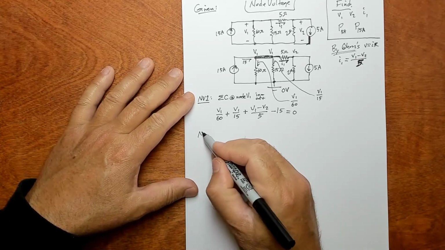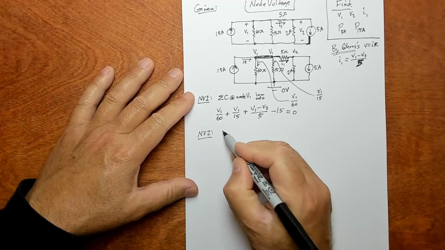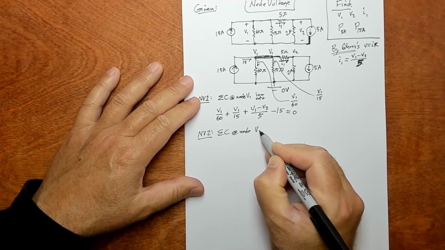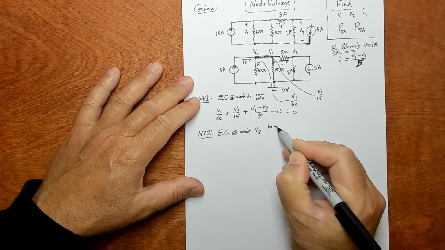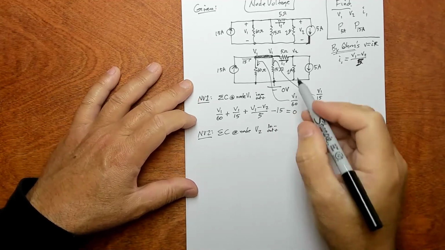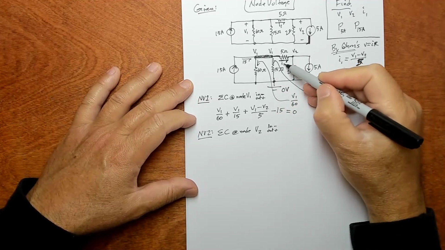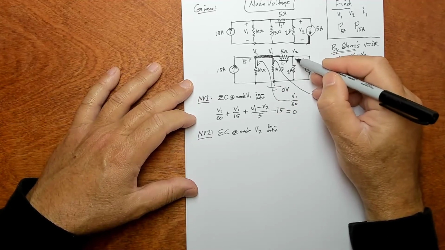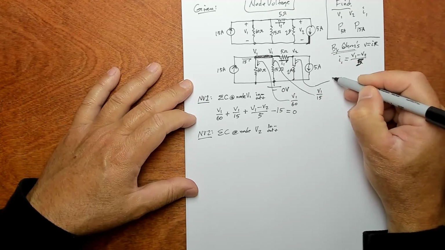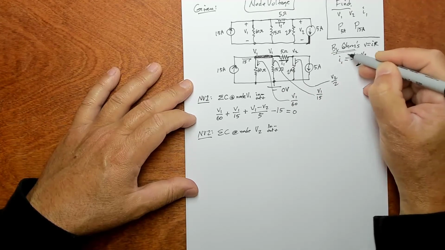Now I can do that again. I can write node voltage equation 2, and this is the sum of the currents at node V2. I'm going to go ahead and rewrite this stuff for now; later on, we don't have to write that stuff. Here I've got I1 coming in, that's positive. I've got this guy coming out, and the expression is going to be V2 over 2 by Ohm's law.